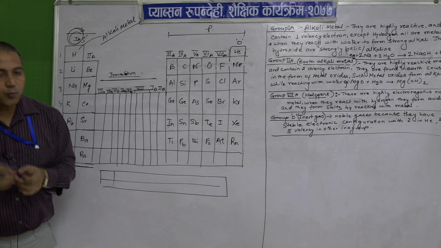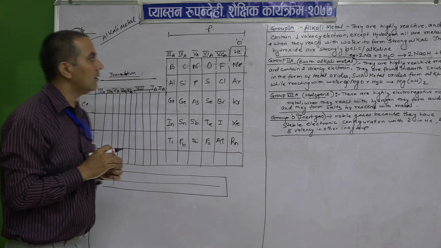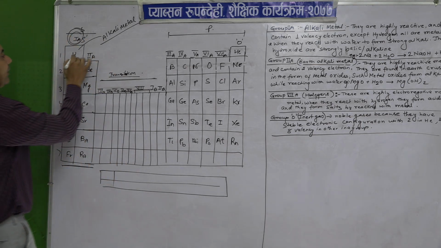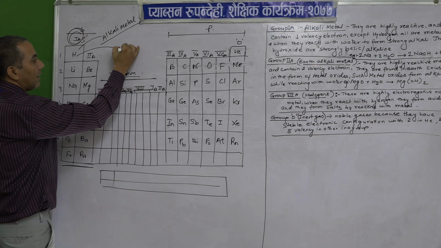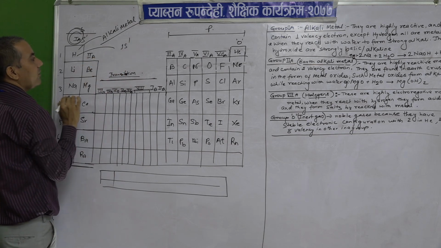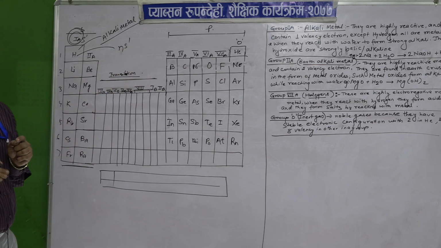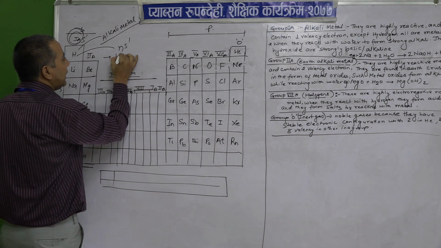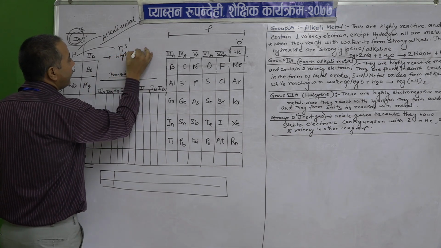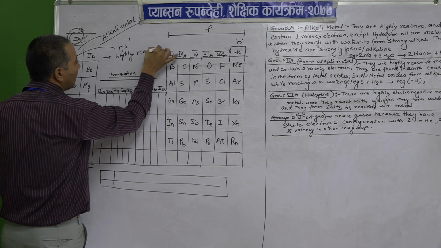Why is group 1 called alkali metal? Group 1 has the configuration ns1, for example for hydrogen 1s1, meaning group 1 elements are highly reactive metals.